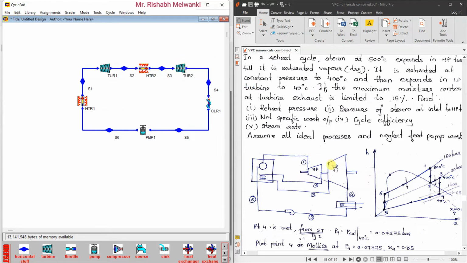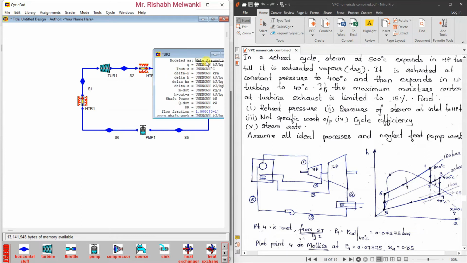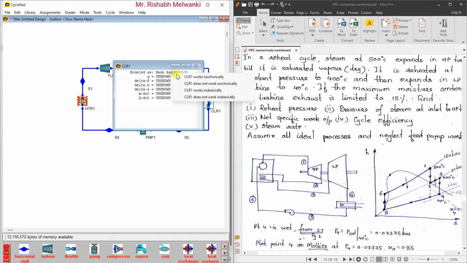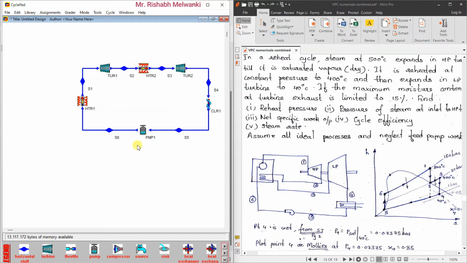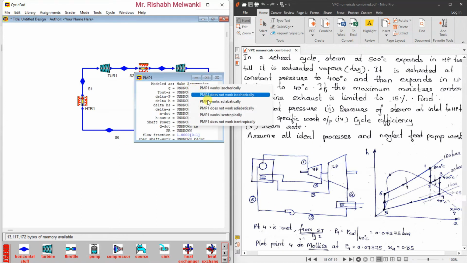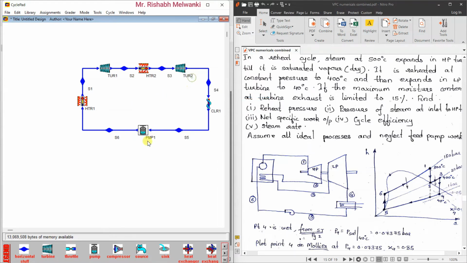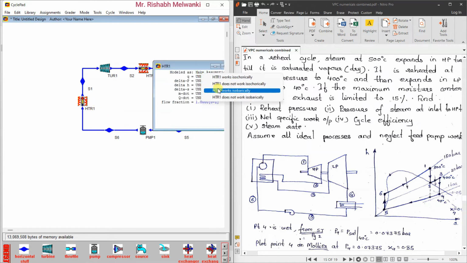Then again we have the LP turbine, assumption adiabatically, isentropically. Then cooler or condenser, it works isobarically. Then the pump, it works isentropically and adiabatically. And the boiler, it operates at pressure equal to constant, so isobarically.